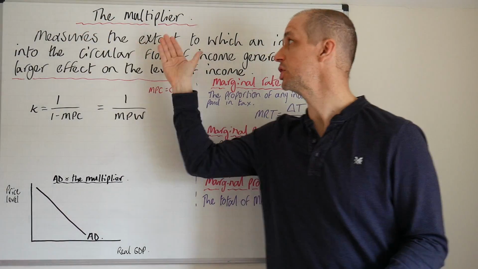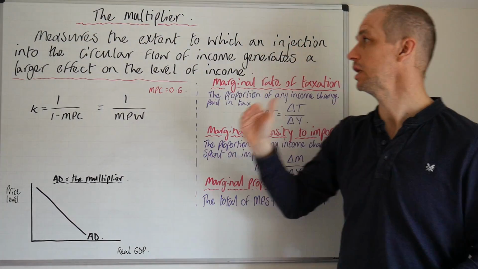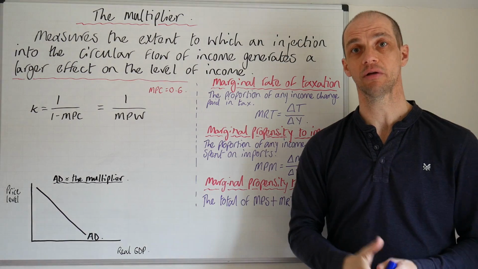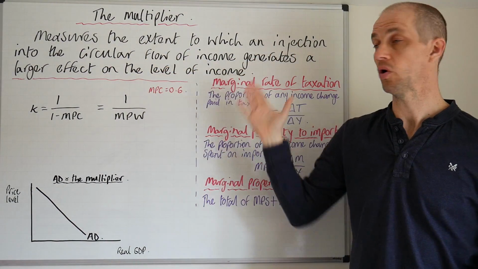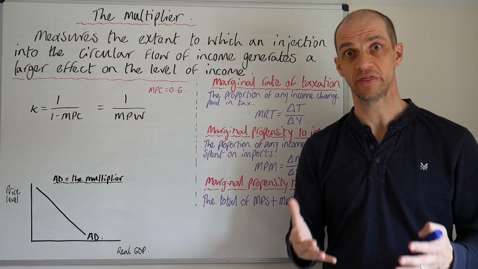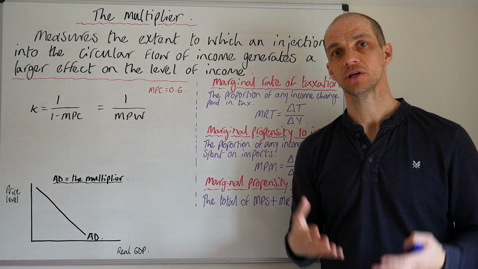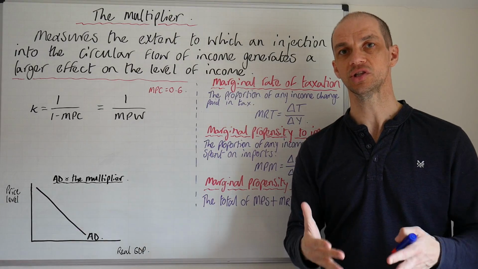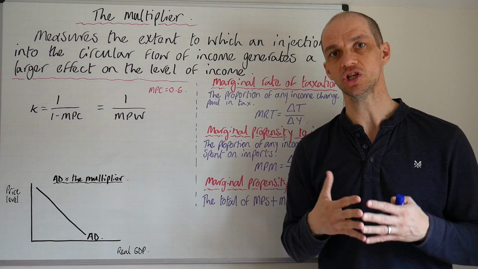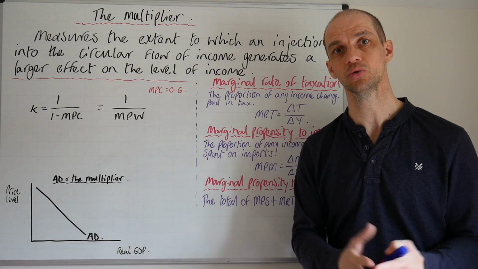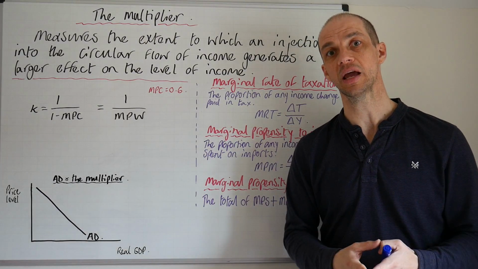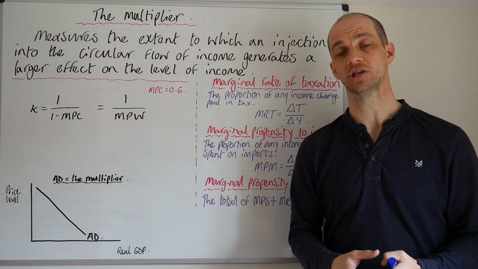So the multiplier measures the extent to which an injection into the circular flow of income generates a larger effect on the level of income within that circular flow. So, for instance, if you consider additional government spending taking place to build perhaps hospitals or schools or roads, what might be the actual impact of that additional spending?